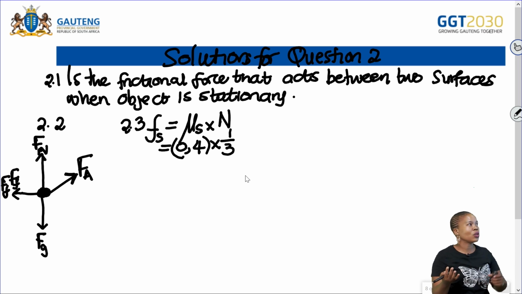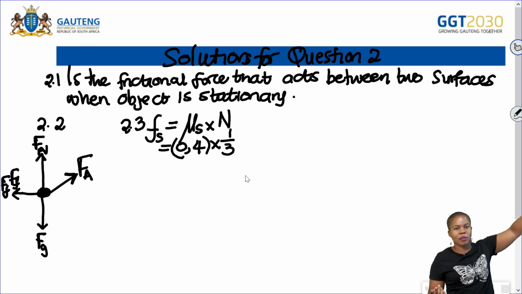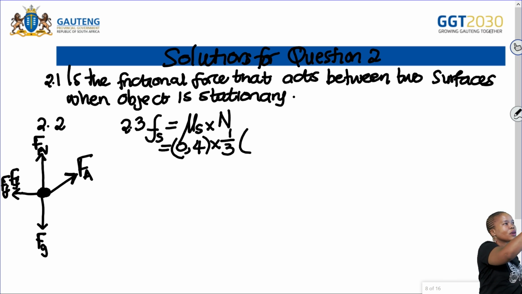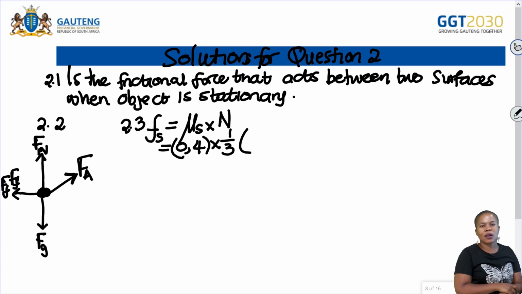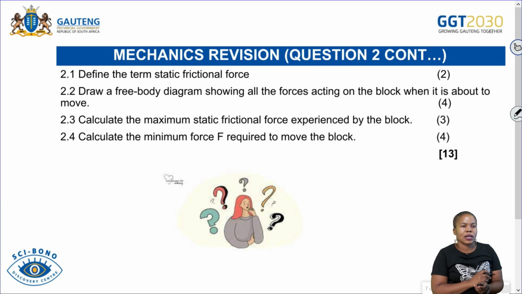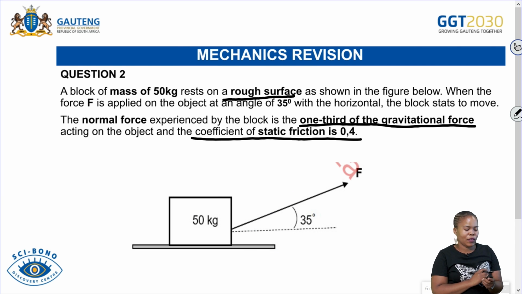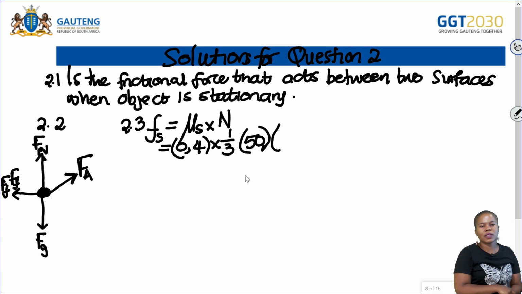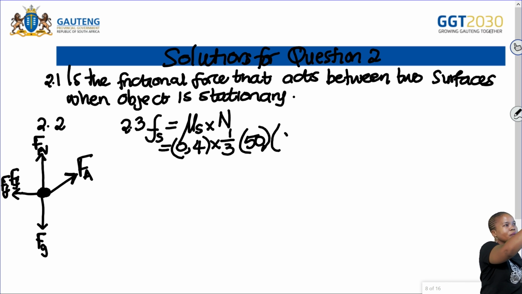Because it's 1/3 of your normal force. Remember, your Fg is equal to mg. So it's going to be the mass of the object, which is 50 kg, and gravitational acceleration, which is 9.8.